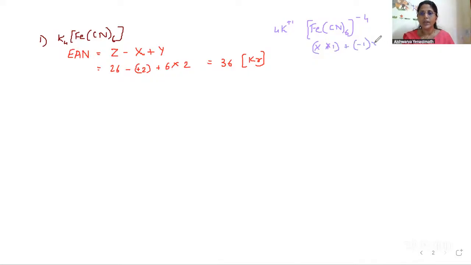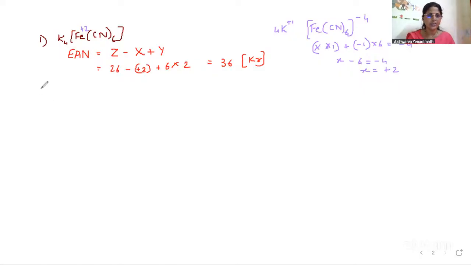Minus 1 into 6. That is equal to the total charge, minus 4. So X minus 6 equals minus 4. How much does it become? X equals plus 2. So the charge on Fe is plus 2. This is how we calculate the charge on the central metal atom. Is that clear? So this is the first example we had taken.